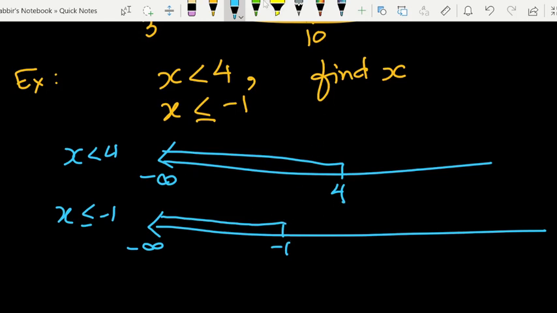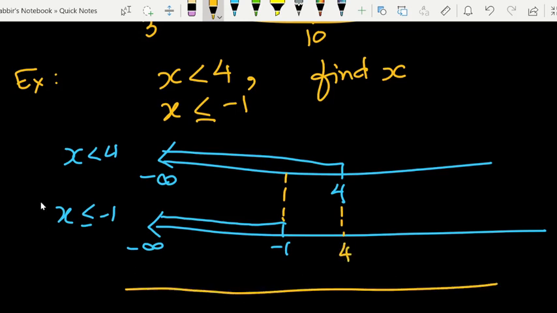Now from minus 1, if we draw a perpendicular like this, and from 4 also, as you can see, in their intersection, from minus 1 to 4 there are values here, but here there are no values, so there are no common values between minus 1 and 4.